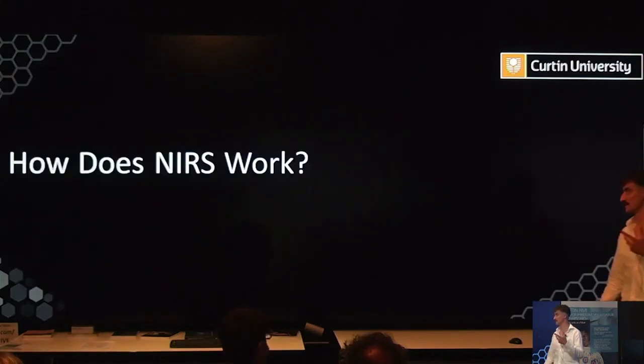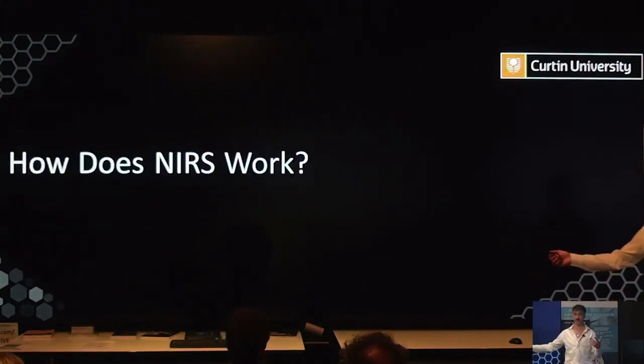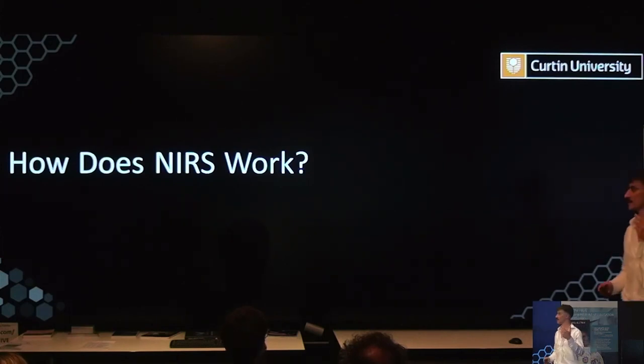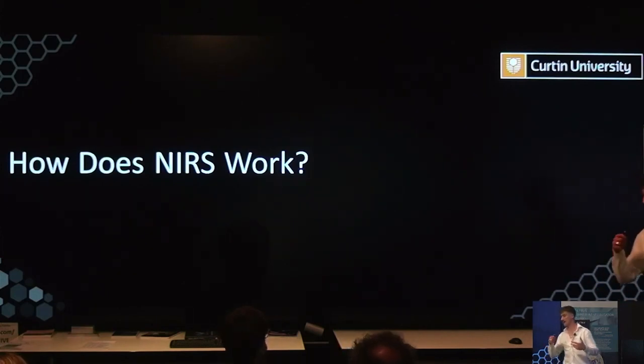That being said, how does it work? How does it use this light to capture brain function? Essentially what it does is it uses the fact that the body is reasonably transparent to the specific wavelengths of light that this device uses. And I say wavelengths here because it does use 2.